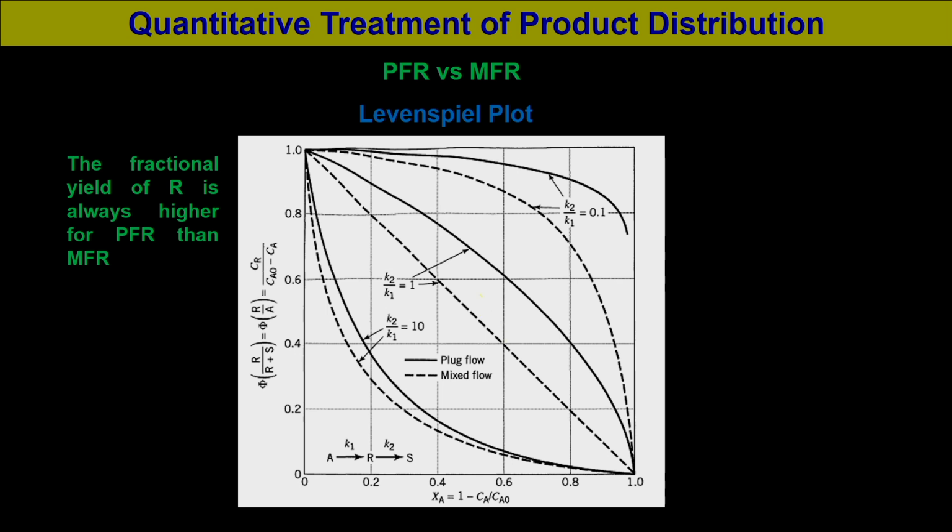The dotted line shown over here is for the mixed flow reactor, and the solid line is for the plug flow reactor. And at any point, if we consider K2 by K1 equal to 1, for say 0.8, the conversion level for MFR is lower.